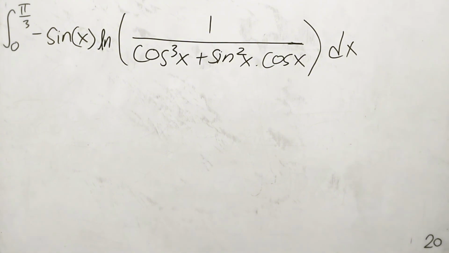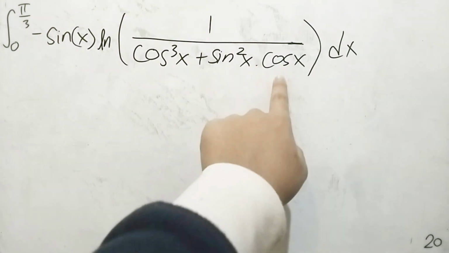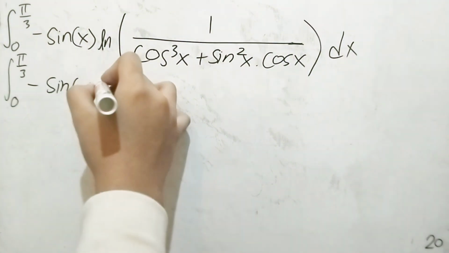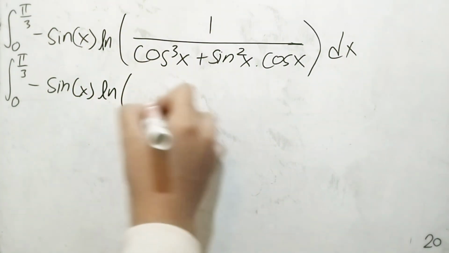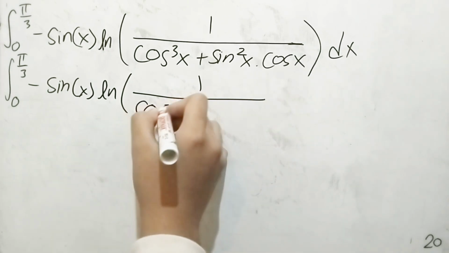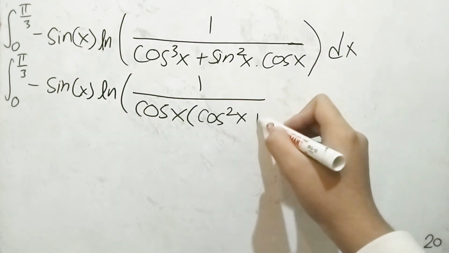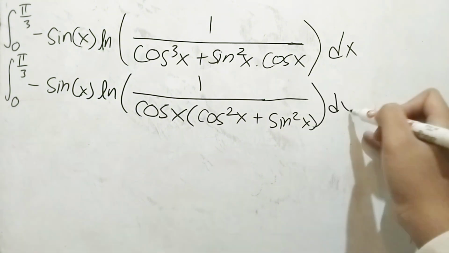So how to solve it is pretty simple. First, we see that this is factorable, so we can factor cosine out of both terms, right? Then we have the same thing right here, but now we have the natural log of 1 over cosine x, and what's left is cosine squared x plus sine squared x dx.